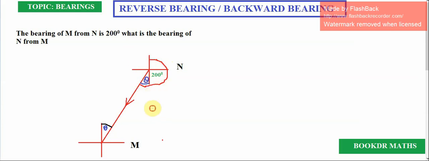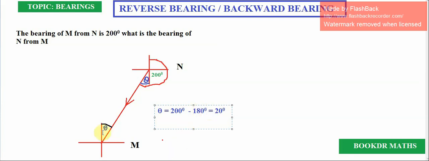Hence our theta will be equal to 200 degrees minus 180 degrees, and that will give us 20 degrees.